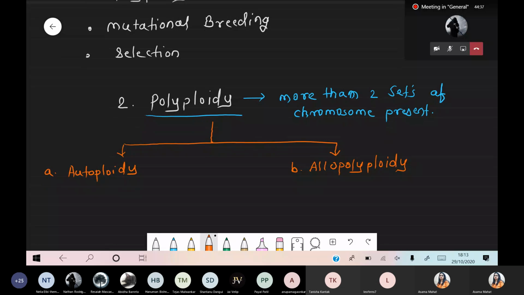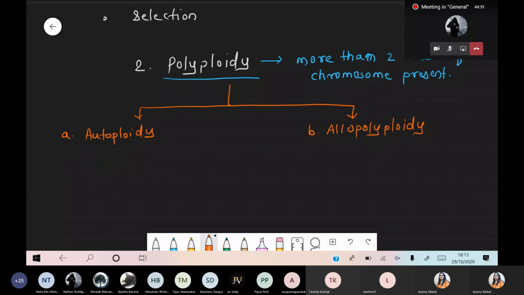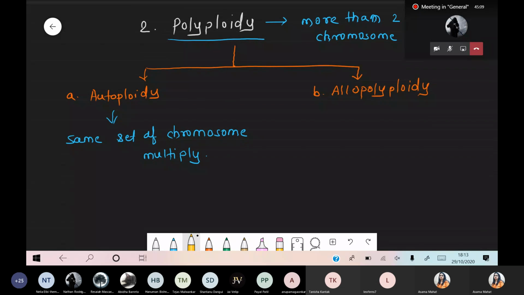When we are talking about auto, it means that the same set of chromosomes gets multiplied. Auto means same, right? So what is the meaning of autopolyploidy? It means the same set of chromosomes gets multiplied. Such a type of polyploidy is simply called autopolyploidy. So suppose there is a same set, capital A, same set of chromosomes, right?